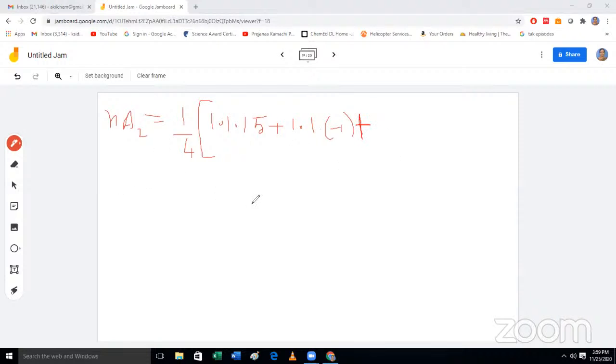I will use this annotation and write. So 1 into 1 into minus 1 into 1 into, in the character table, character under A2, minus 1 into, here it is 3.